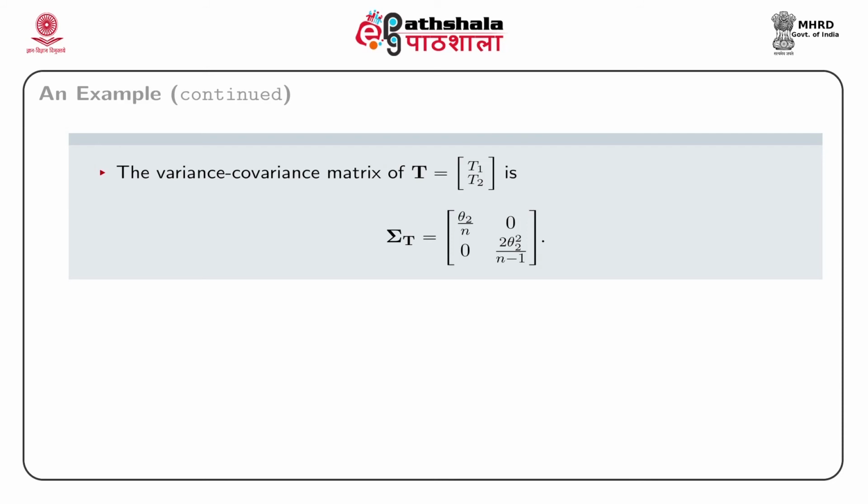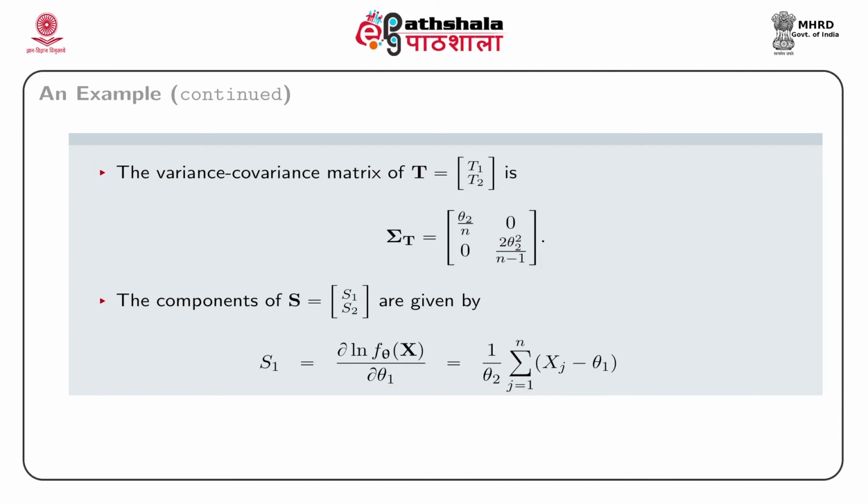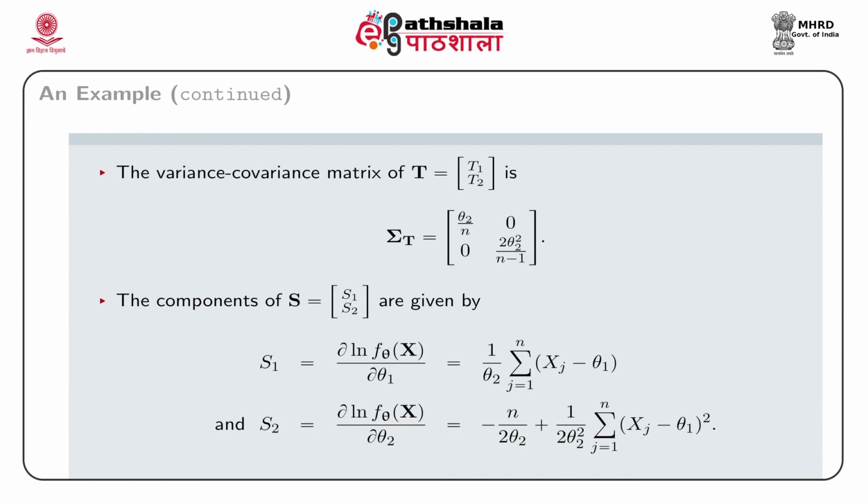The elements of this score vector, S1 and S2, are given by S1 equals del by del theta 1 log f, which is equal to x minus theta 1 divided by theta 2, and S2, which is equal to del log f by del theta 2, which is equal to minus 1 by 2 theta 2 plus x minus theta 1 whole square divided by 2 theta 2 square.